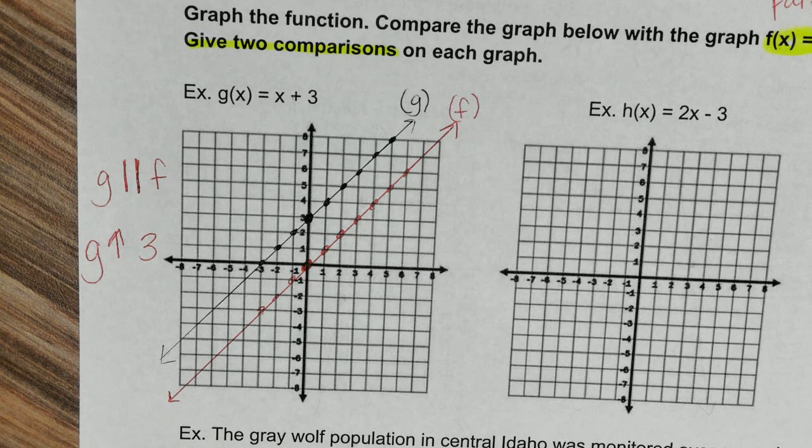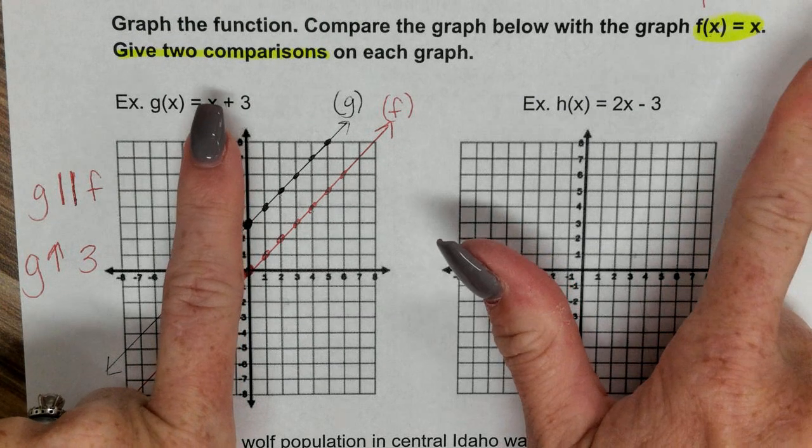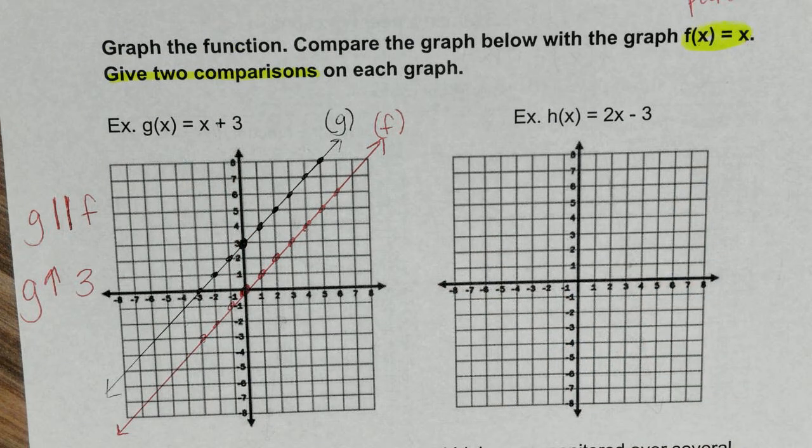Okay. Now, the next thing you need to know is these were parallel because their slopes were the same. But if their slopes are different, then you can't use parallel as one of the comparisons. So the other way you will say it is which one has a steeper slope. The steeper the slope, the bigger the slope. So like if the slope is 8, 8 is way bigger than 1, so 8 would be steeper, okay?